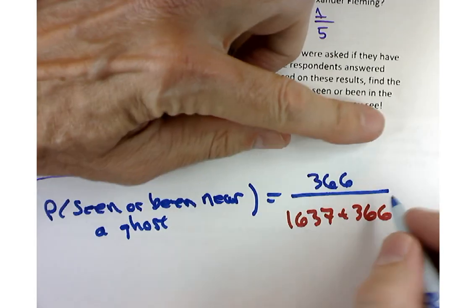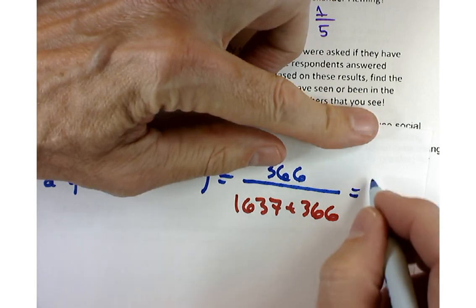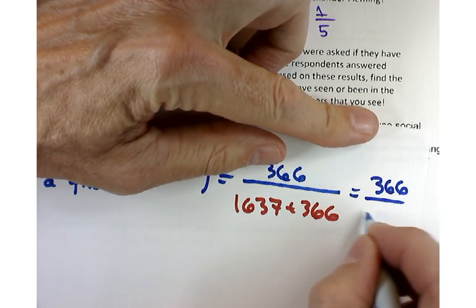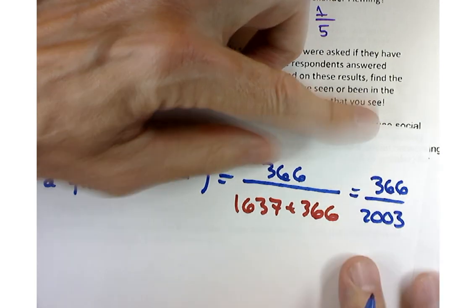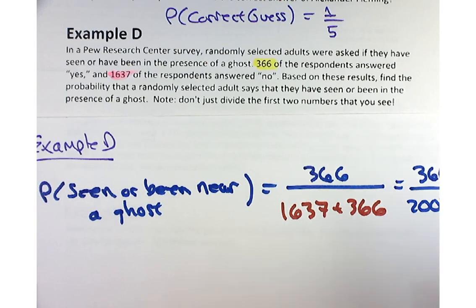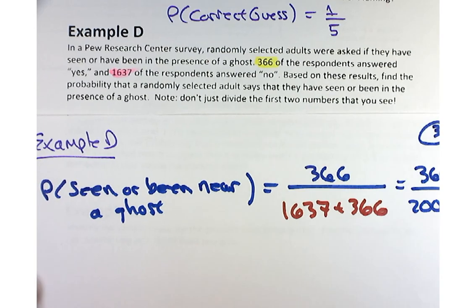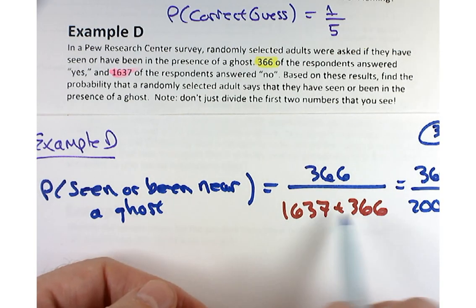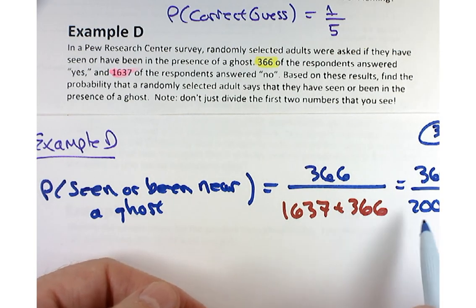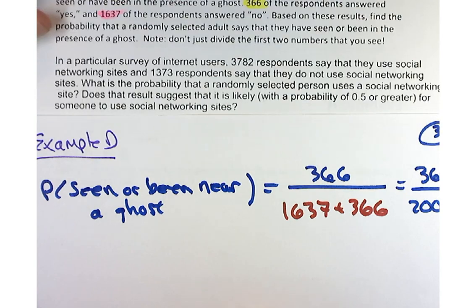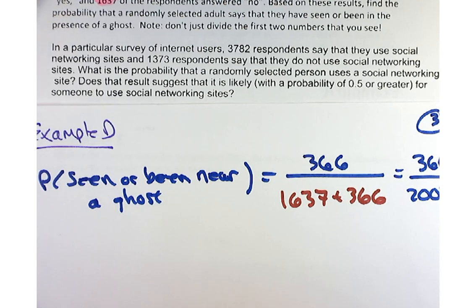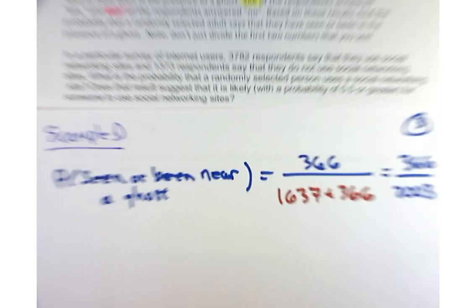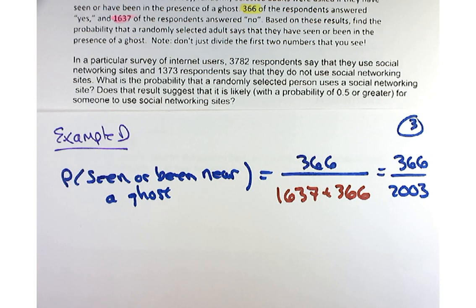And that overall gives you a total of 366 over 2003, right? All right. Beautiful. So you have to be careful about whether you need to add things to get the correct denominator or not. Are we okay with that first part of example D? Yeah, doing good there? All right.